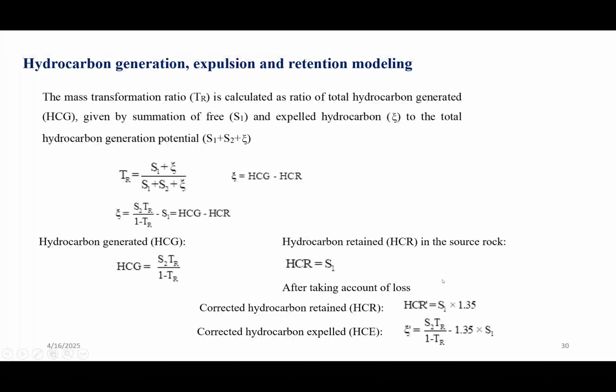So once you know the S1, when you are taking out the core, at that time itself some amount may be lost. So when you do the calculation of hydrocarbon in place, generally we take 35% may be lost during the retrieval of core or cleaning, etc. So this hydrocarbon retained, we calculate as S1 into 1.35.